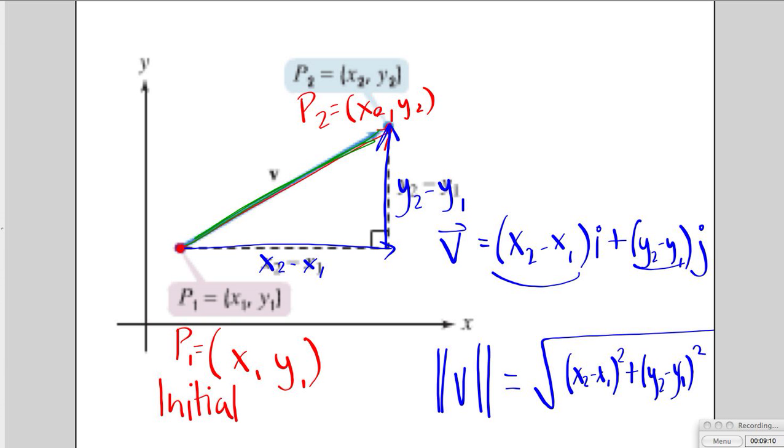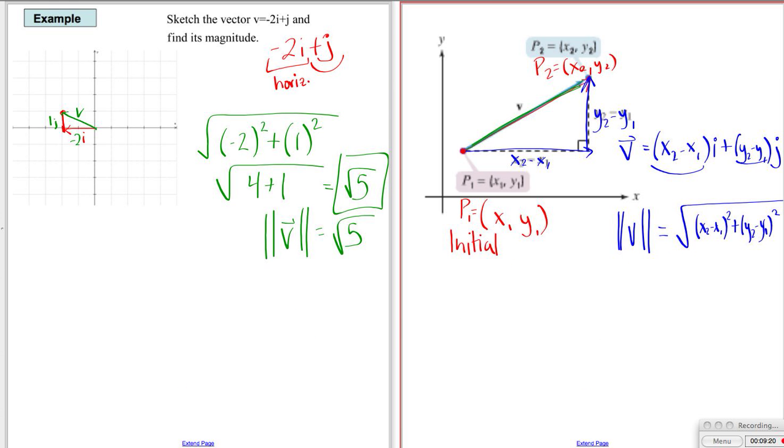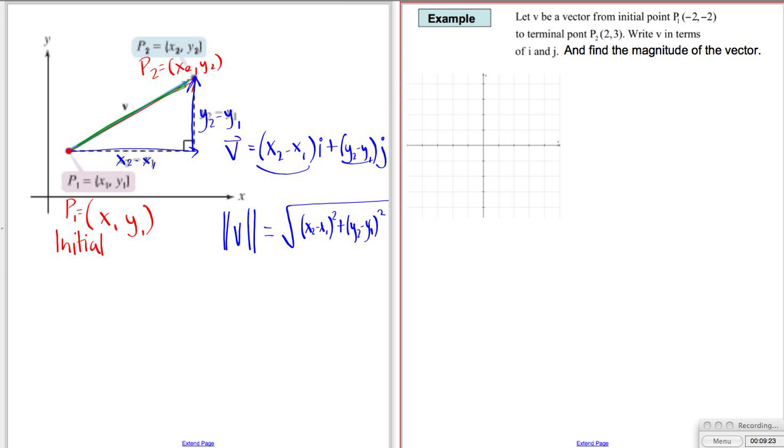Again, this is best understood with an example. Let's take a look at another example so we can make sense of this. We're getting a vector from initial point (-2, -2) and terminal point, so it ends at (2, 3). There is my picture of my vector.